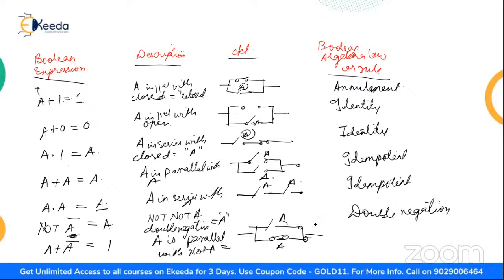Signal will come from input to output through this A bar. So signal will come, which means it is 1. You can reverse it also. If this is closed and the bottom one is open, this is A bar, again signal will come. So this is called complement.